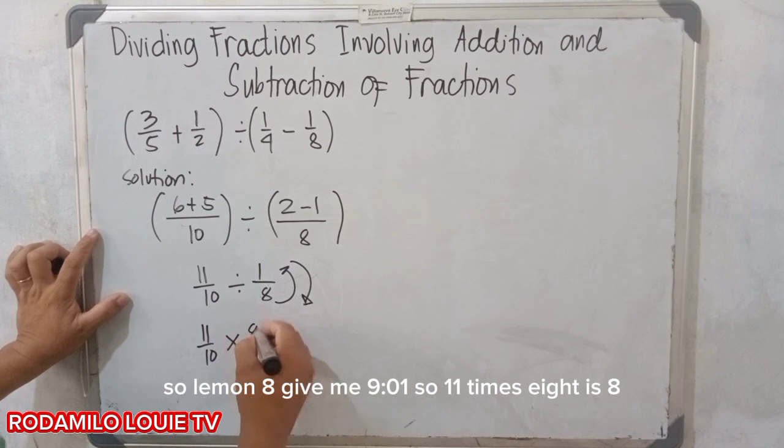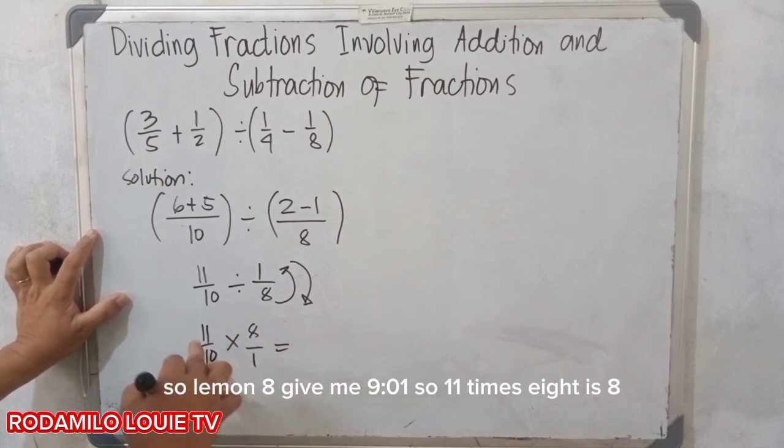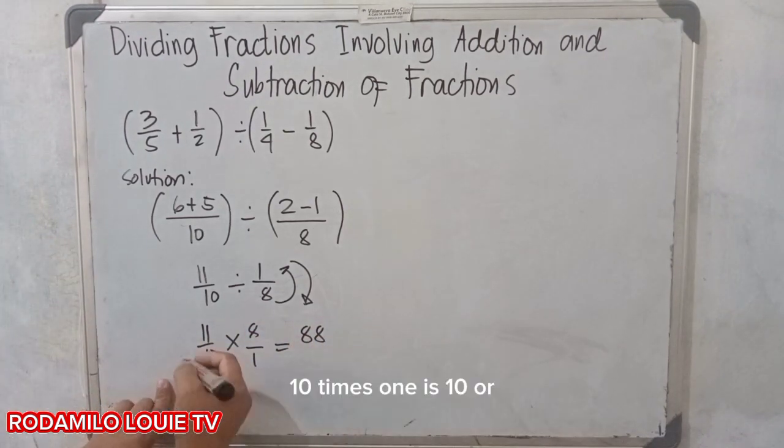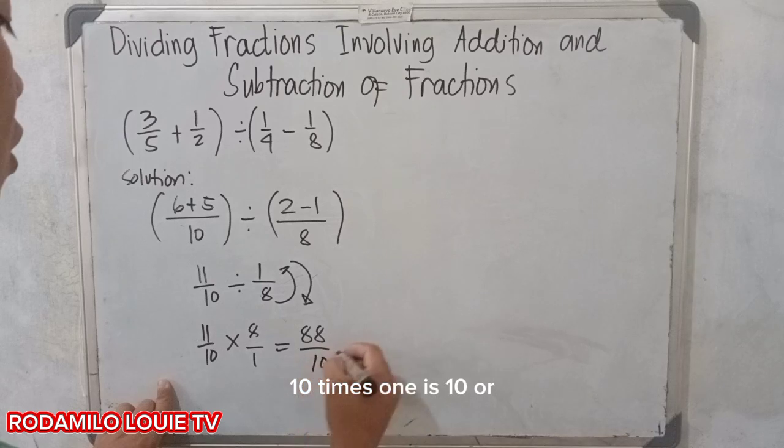So, 11 times 8 is 88, over 10 times 1 is 10.